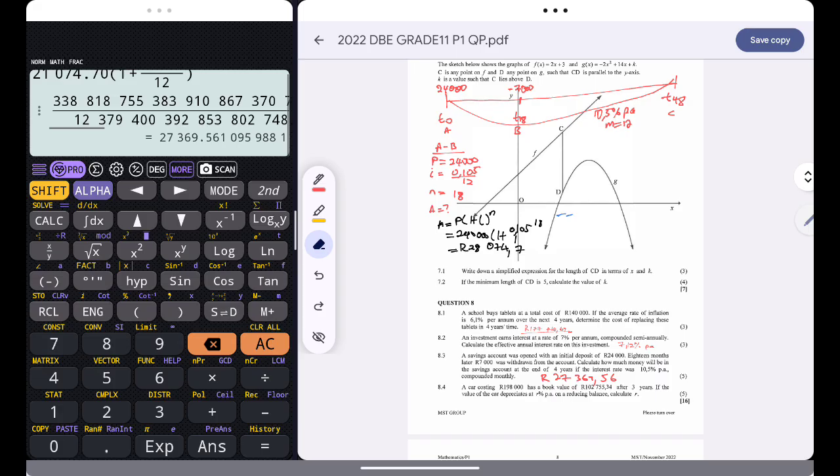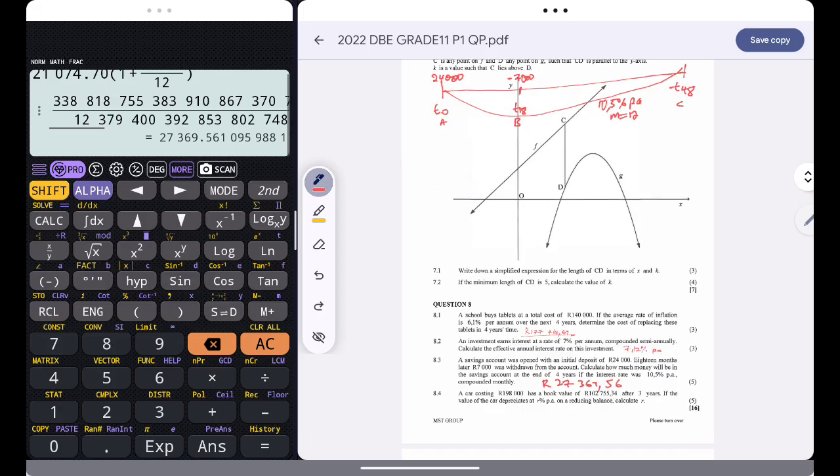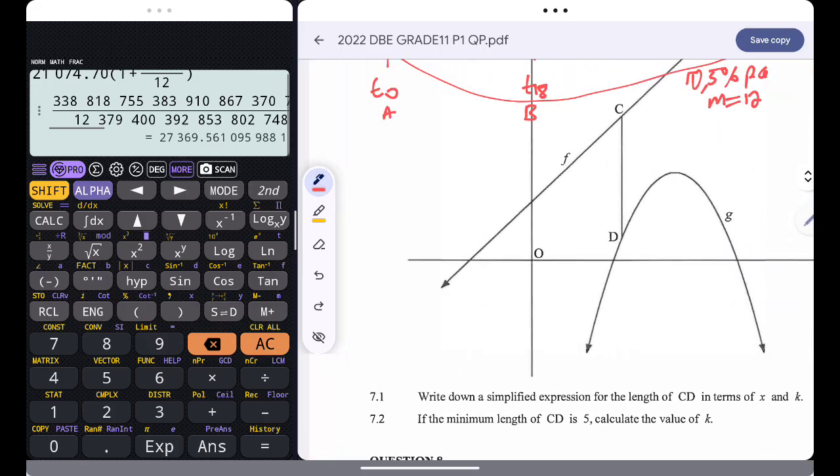You can simply say that A is equal to P (1 plus i) to the n, right?